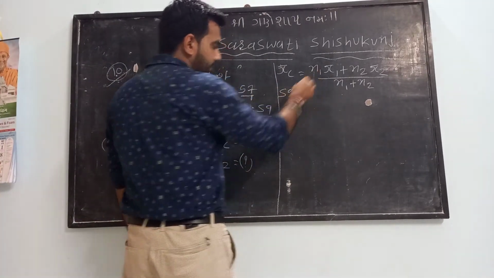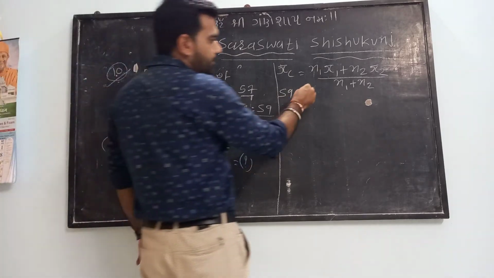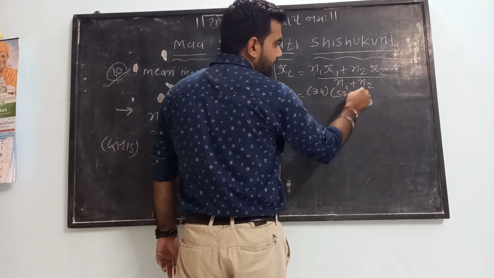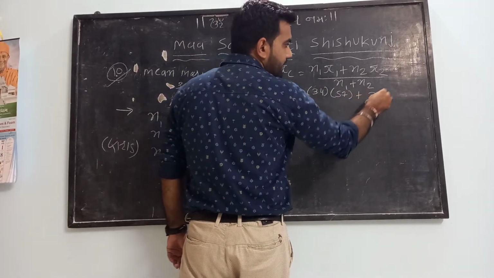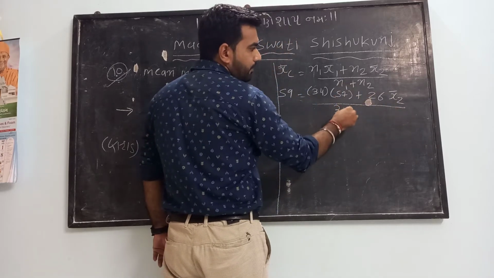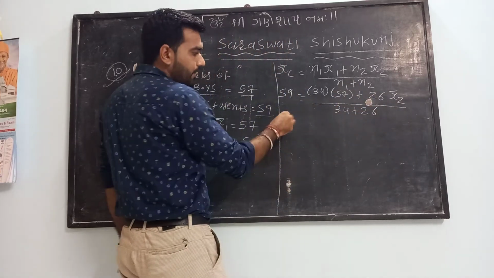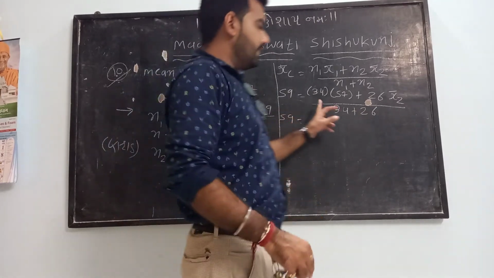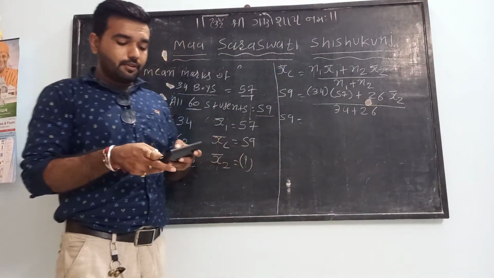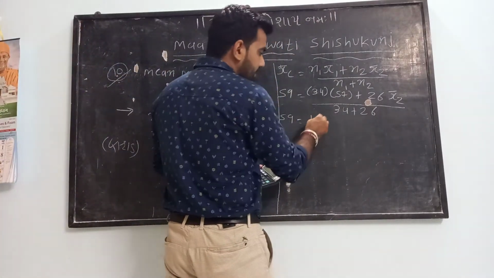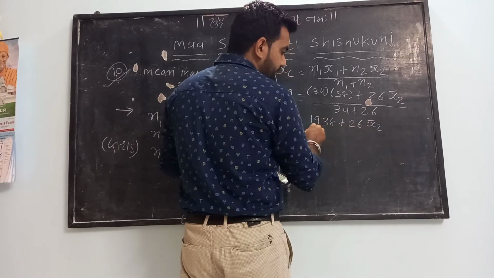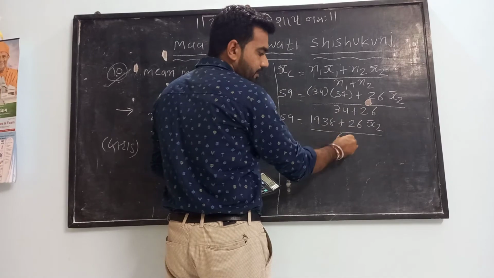So 59 is equal to n1, which is 34, times x bar 1, which is 57, plus n2, which is 26, times x bar 2, which we have to find, upon n1 34 plus n2 26. So 59 is equal to 34 multiplied by 57, which is 1938, plus 26 x bar 2, upon 34 plus 26, which is 60.